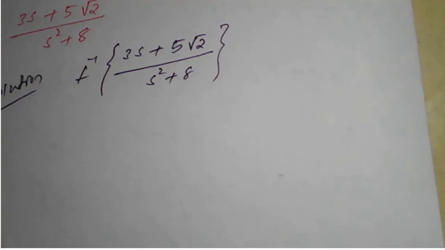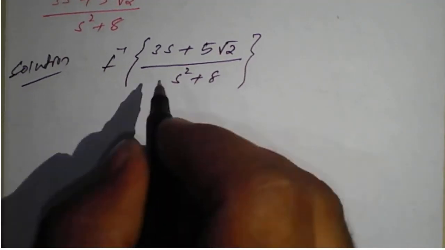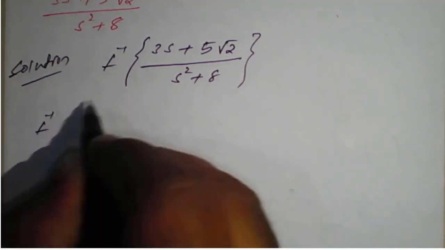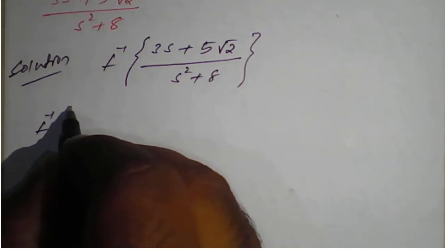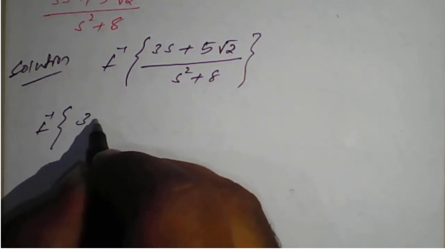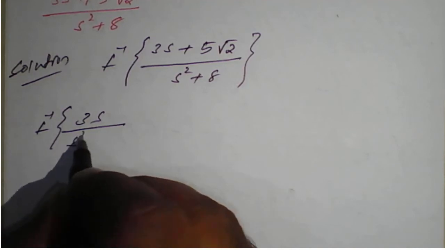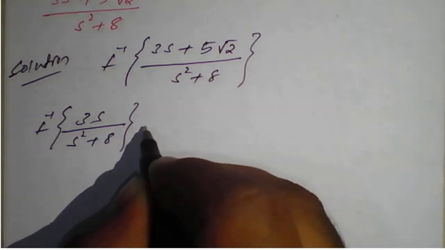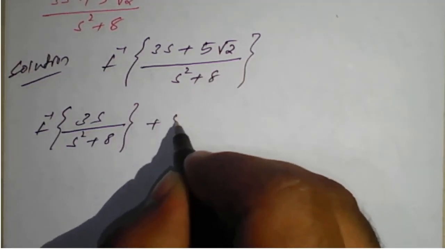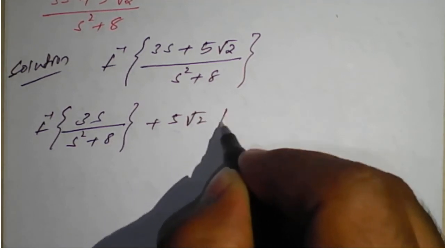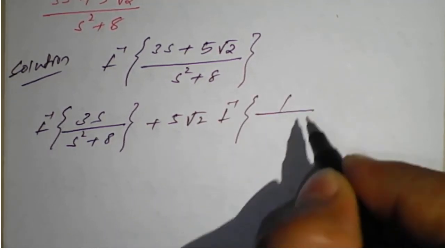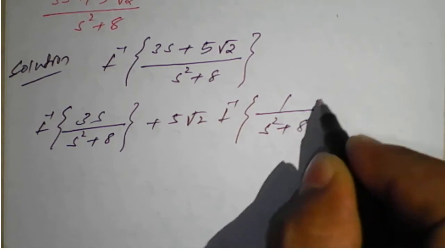First we apply the linear property and separate it: inverse Laplace of 3s divided by s square plus 8, plus 5 root 2, which is a constant, into inverse Laplace of 1 divided by s square plus 8.